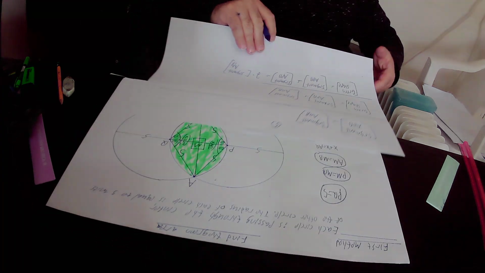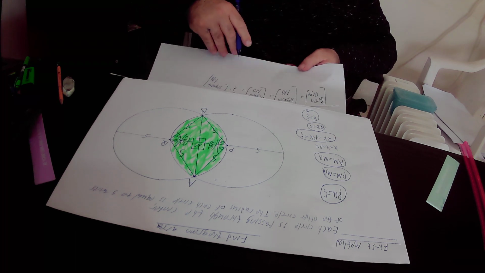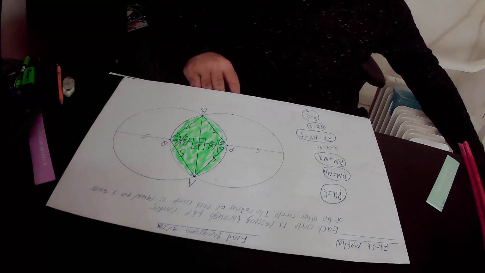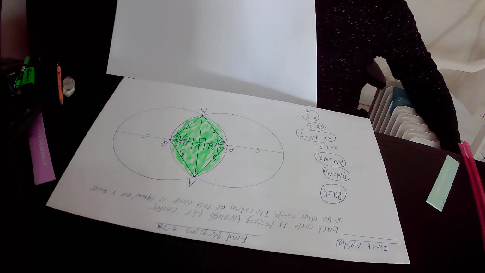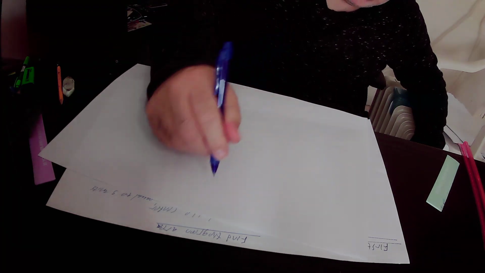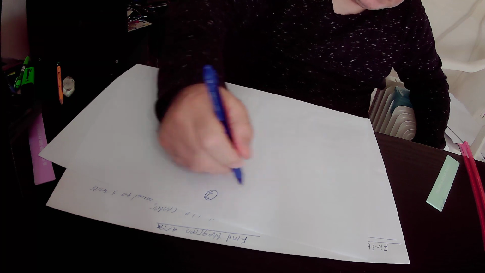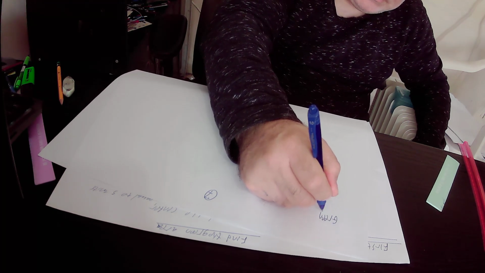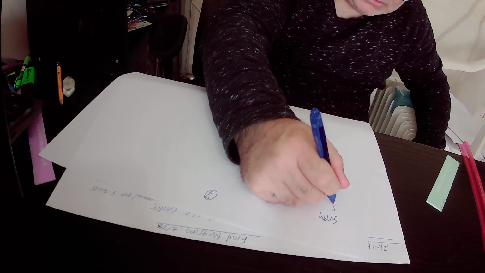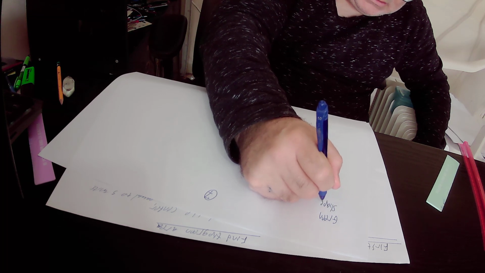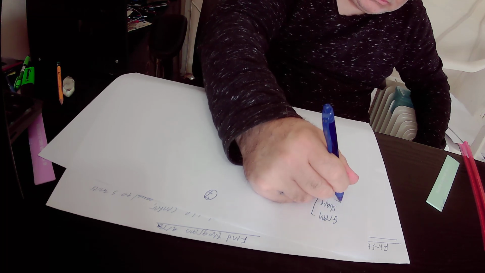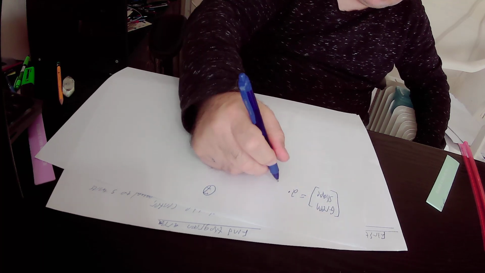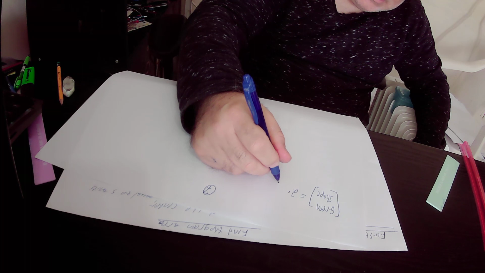Okay, so I'll write it here. The area of the green shape, according to what we have already found out, is equal to 2 times the area of segment APB.